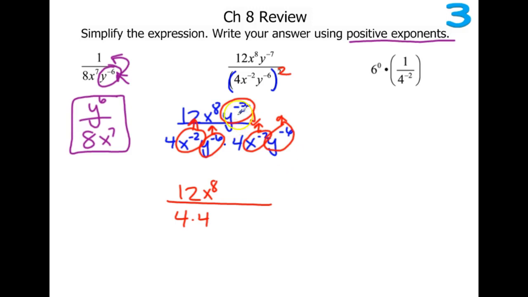And then the things that we moved: this y to the 7th is now on the bottom, the positive exponent. This x squared is now on the top. This y to the 6th is now on the top. This x squared is now on the top. And this y to the 6th is also now on the top.